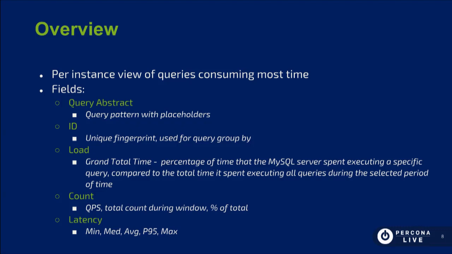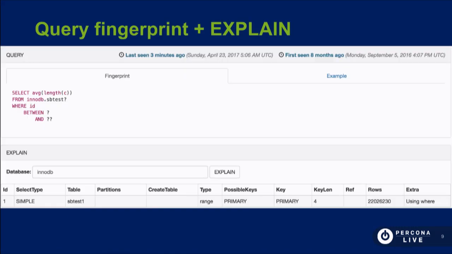And latency is actually some statistic about the timing of those queries, because some queries have stable latency, and others have a different range of latency. So if the query doesn't have stable latency, then probably something else impacts it and makes it so hard.